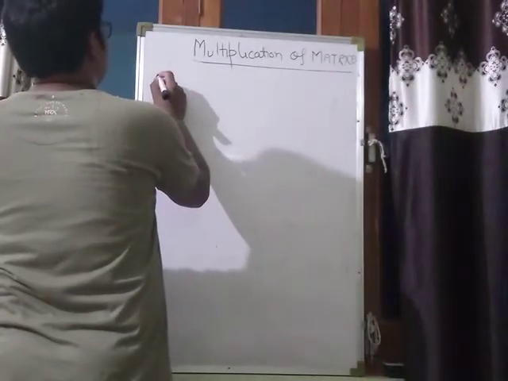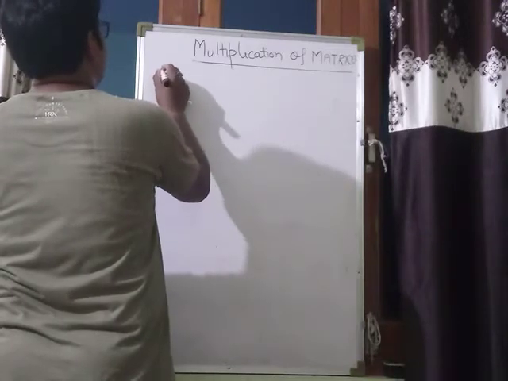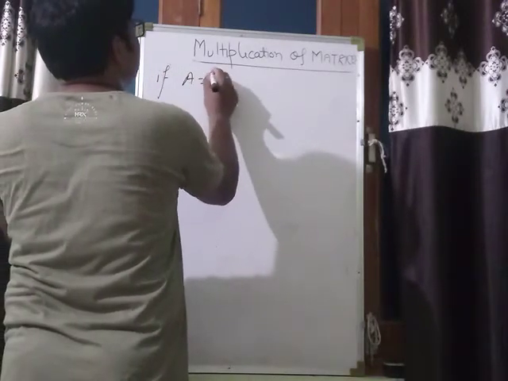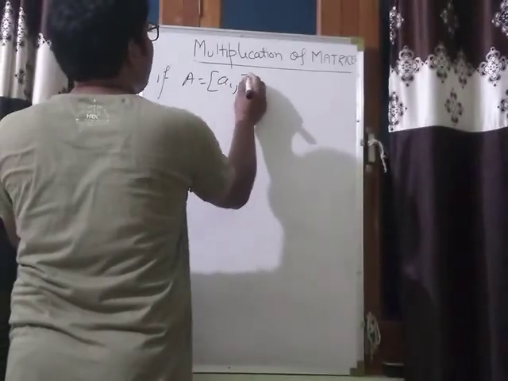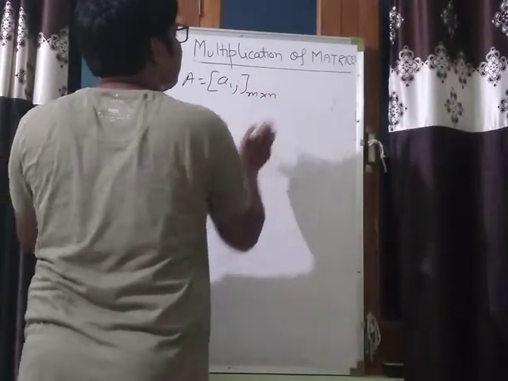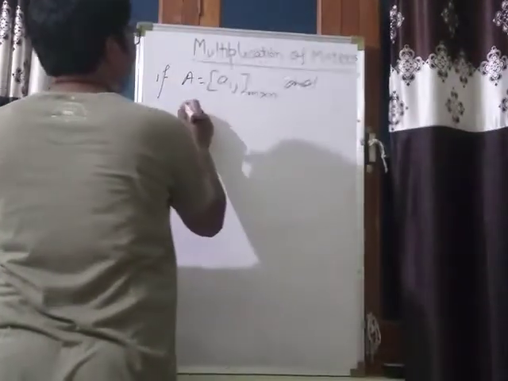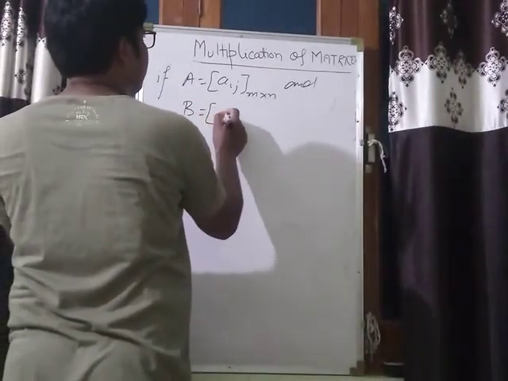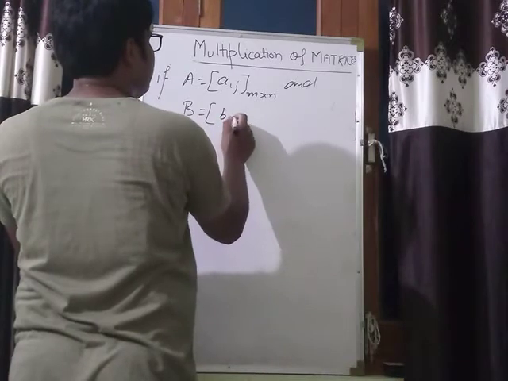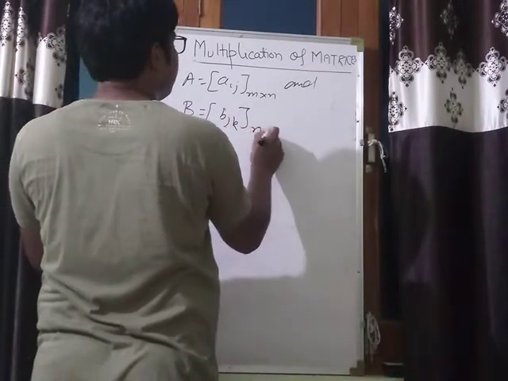See here, if A_ij is of order m by n and B, another matrix B_jk, is of order n by p.